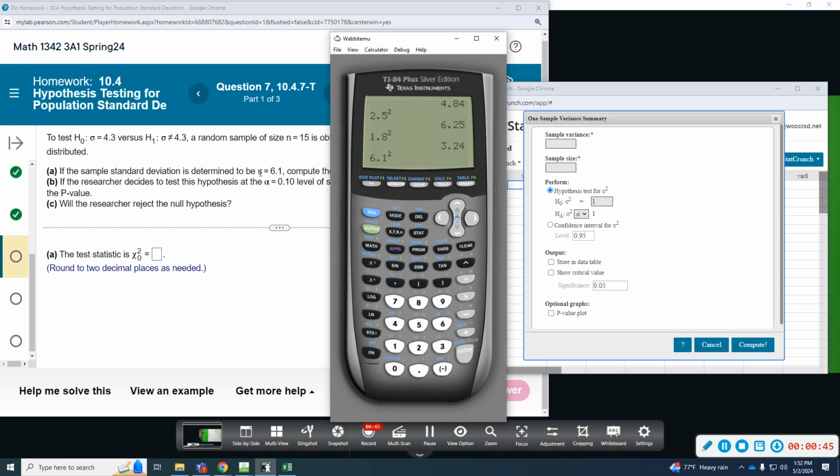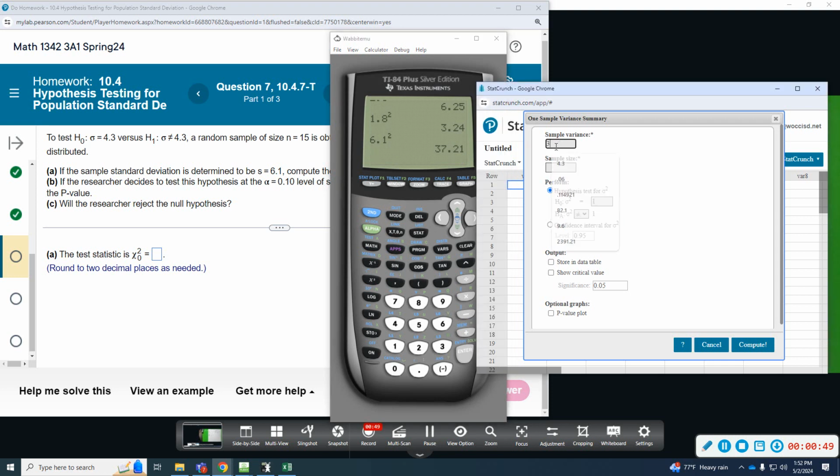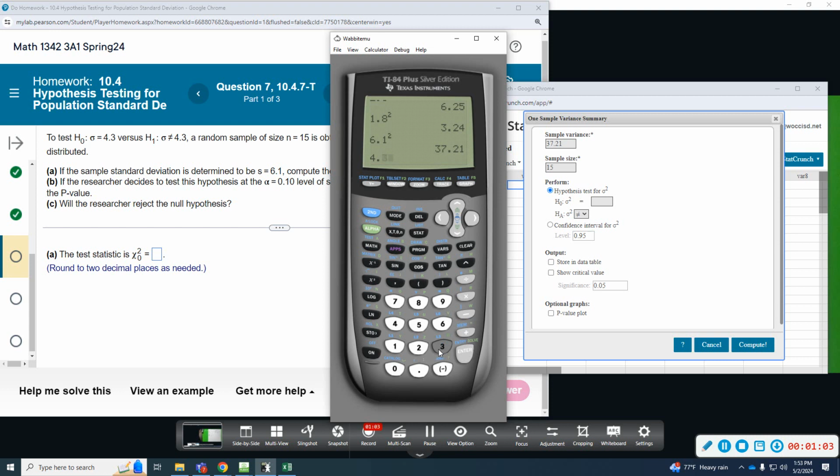Sorry, this is the sample standard deviation; we're finding the sample variance, 37.21. Sample size 15. The population variance, we're going to square 4.3, and we get 18.49.